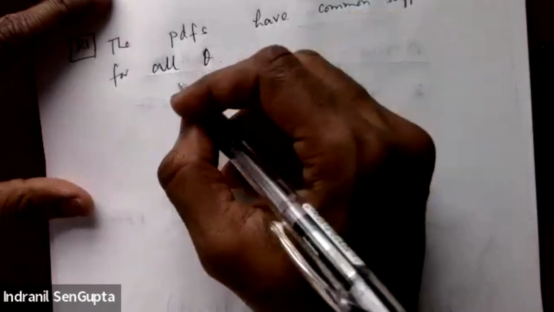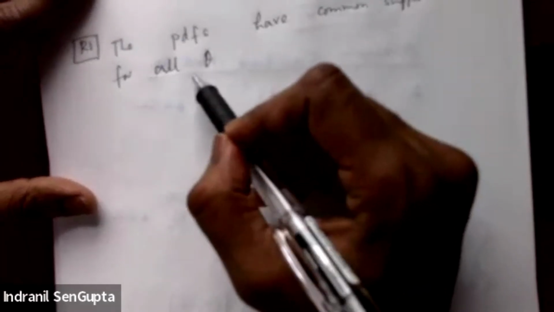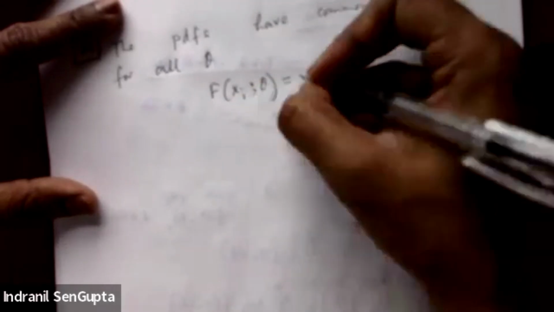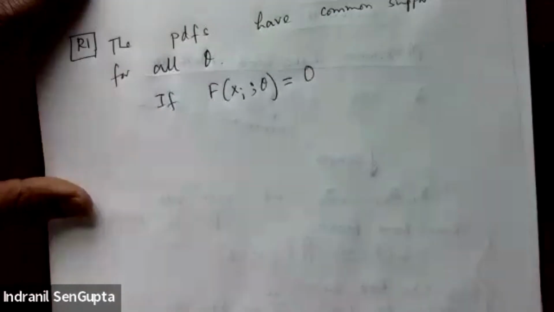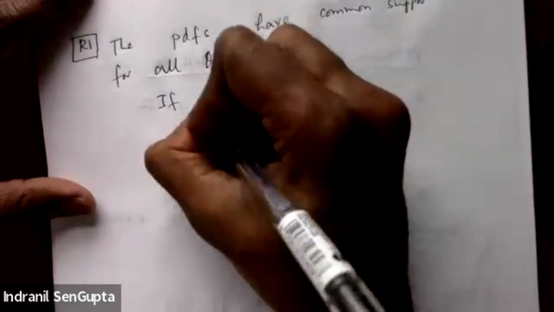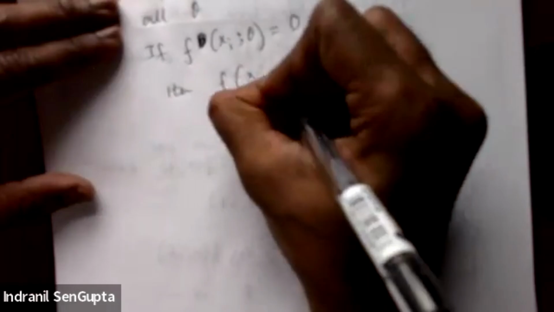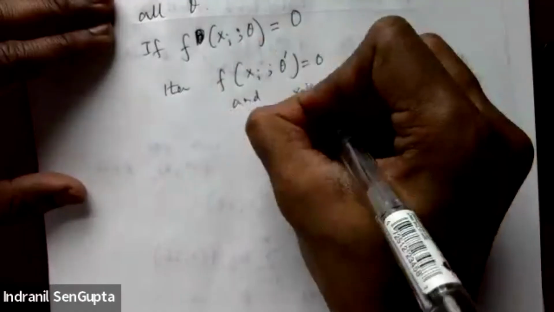Support is the set of points where the PDF is non-zero. Let's write this in terms of the PDF. If f of xi theta is 0, then f of xi theta prime is also 0, and vice versa.